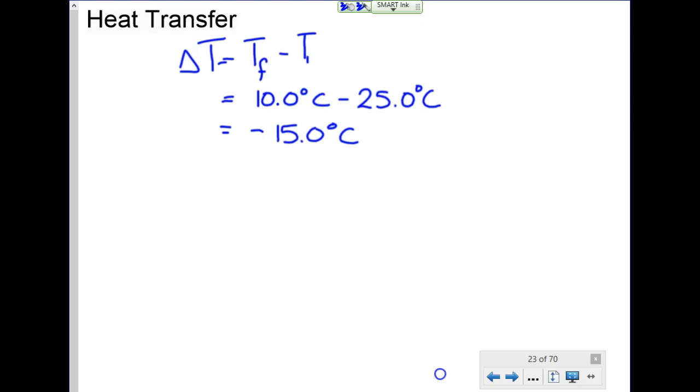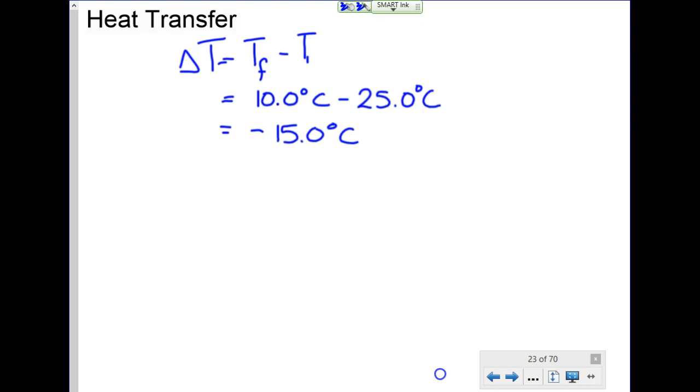The statue cools off, and in doing so, releases 336 kilojoules of energy. If it says loses or releases 336 kilojoules, is this a Q, an M, or a C?